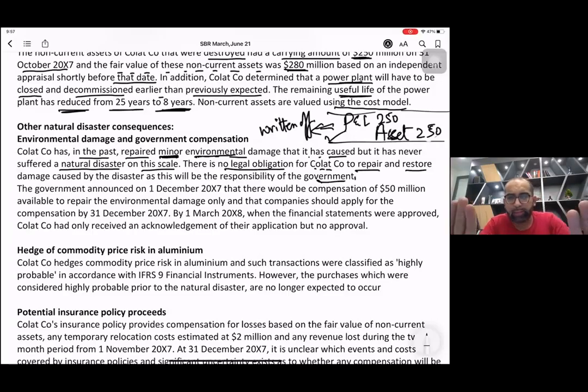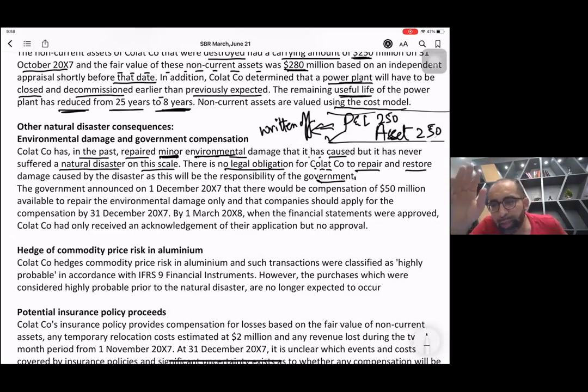Three lines, enough. In IAS 37, we only make a provision when there is a present obligation, and present obligations are of two types: one is legal and one is constructive. There is no legal obligation. You can read it clearly from the question.